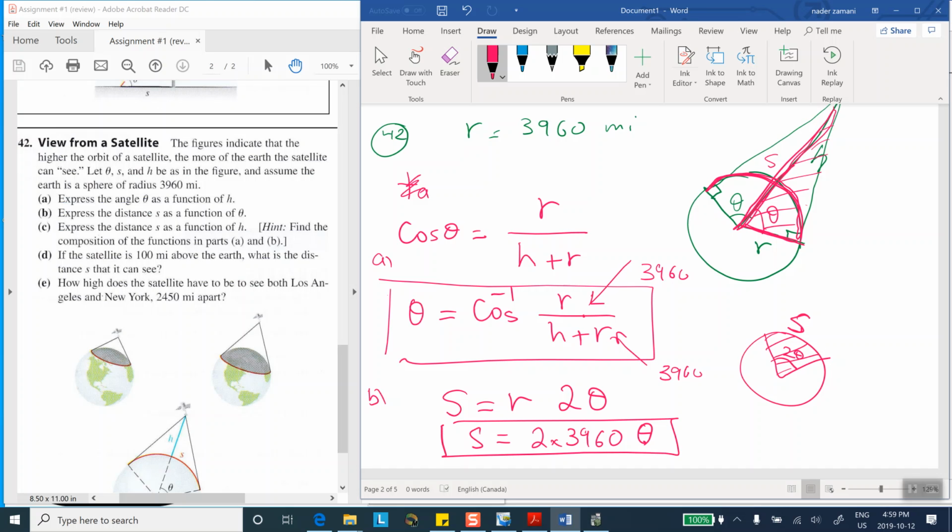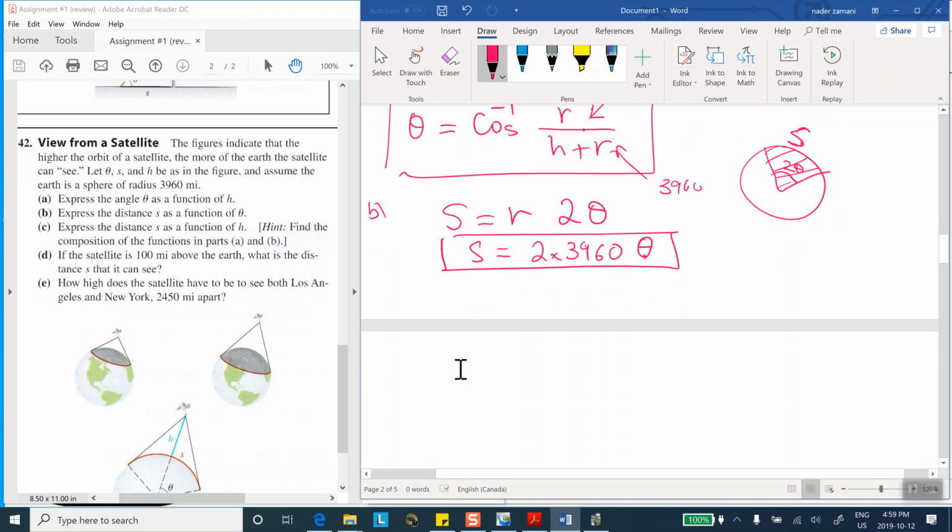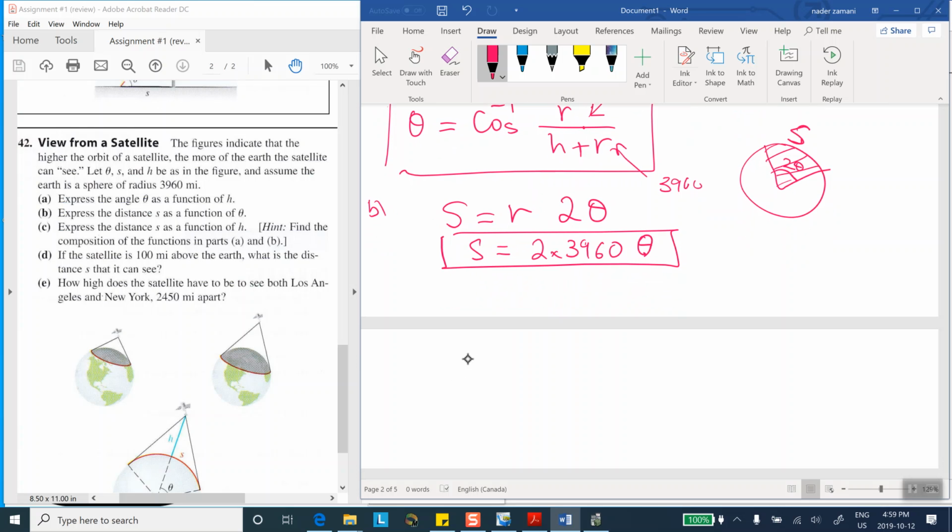Express the distance S as a function of theta. So now we're going to take S equal to 2 times 3960 times theta, where theta is cosine inverse of 3960 over h plus 3960.